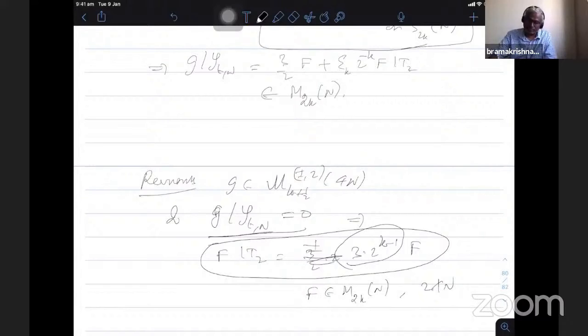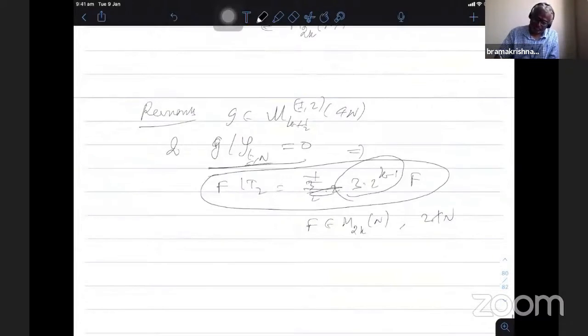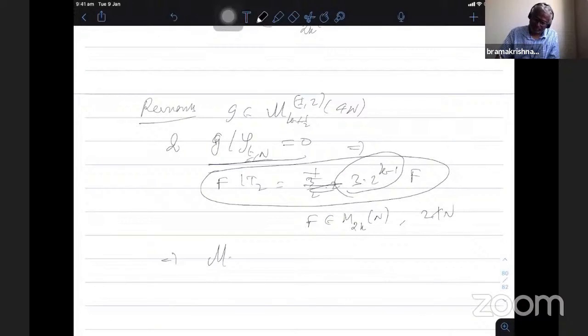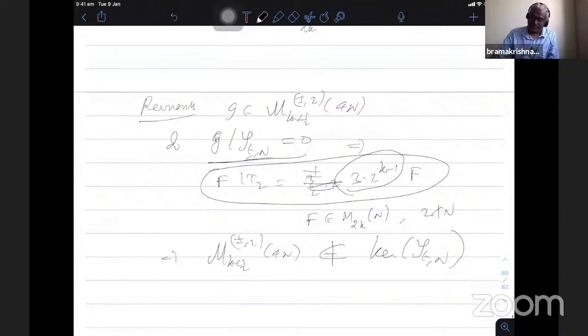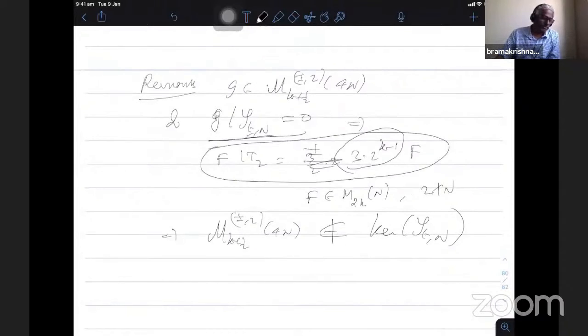So therefore, STN, these functions will not be in the kernel of the T for particular T. Whatever T chosen, this implies M k plus half plus minus 2 4n does not belong to the kernel of STN. That's what it says. Therefore, STN is an isomorphism on the plus space if and only if STN is an isomorphism on this space. ST plus is an isomorphism if and only if this is isomorphism.